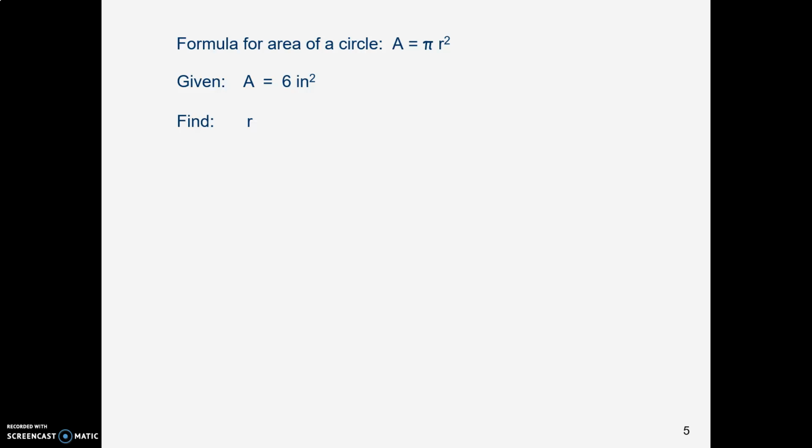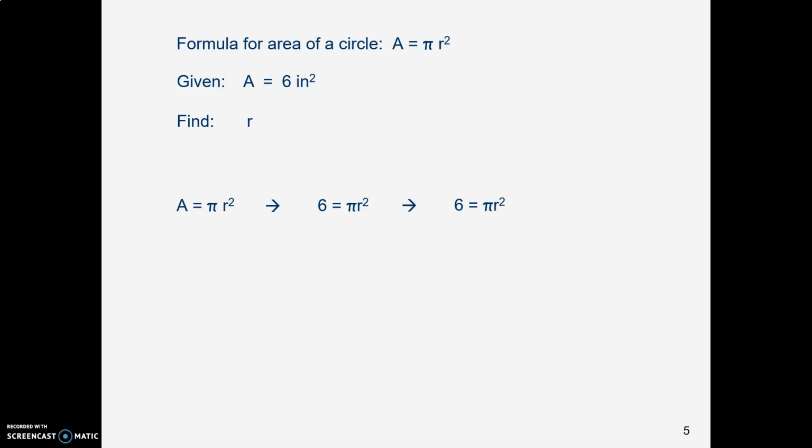What is the radius that will give you that? All right, let's think about that. We know that the formula for the area of a circle is pi r squared, and we know the area of this thing is 6, so 6 equals pi r squared.